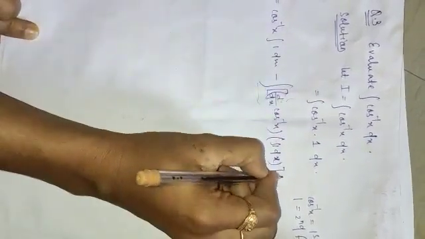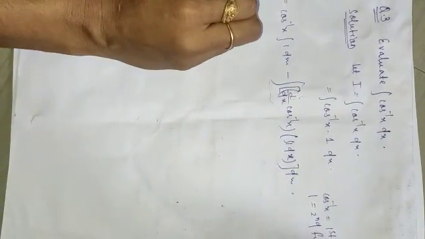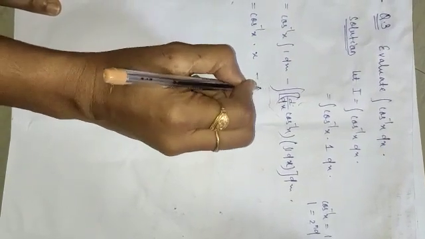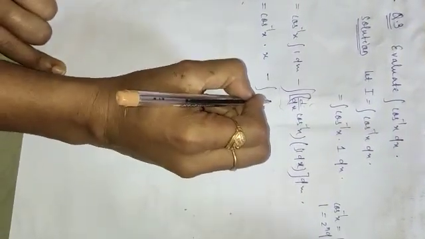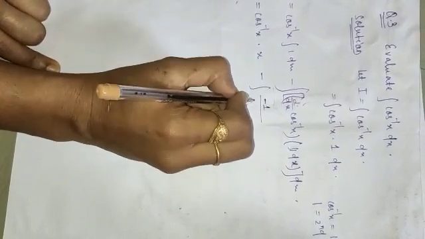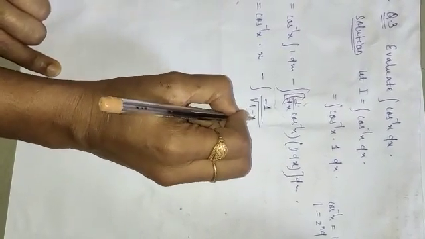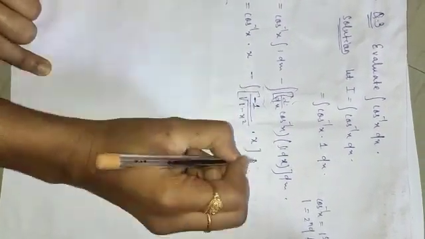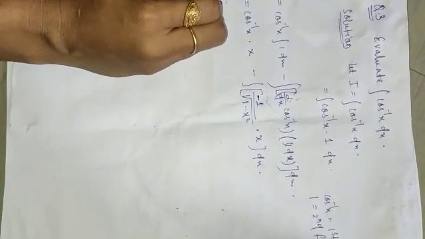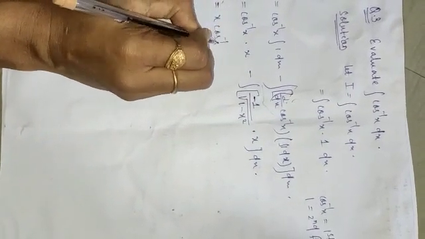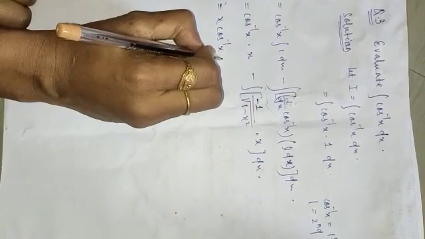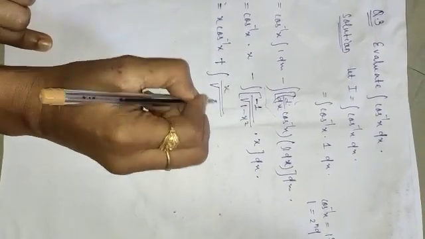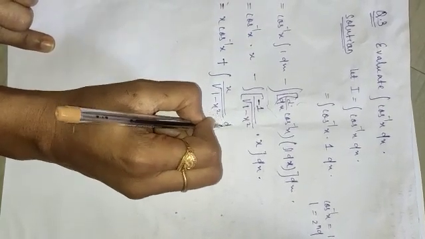This is equal to cos inverse x, integration of 1, you know this is x, minus the integration of the derivative of cos inverse x, which is minus 1 divided by the square root of 1 minus x square, into the integration of 1, which is x, dx. So this is equal to x cos inverse x. Now take the minus to the outside, so minus minus will be plus, the integration of x by the square root of 1 minus x square dx.